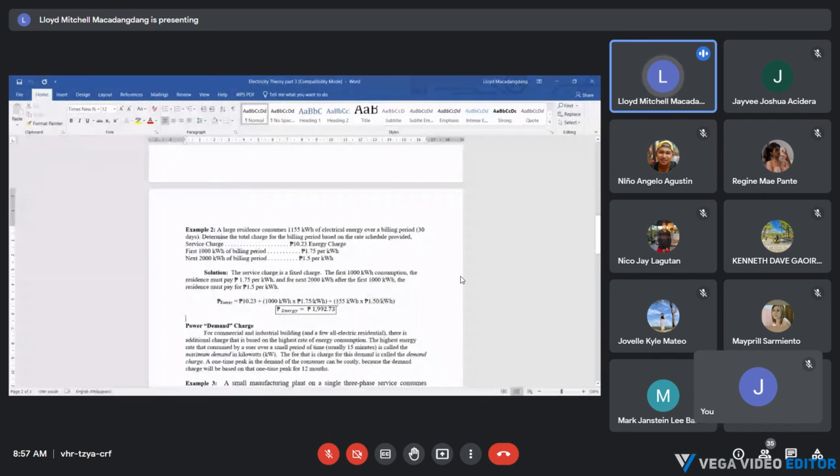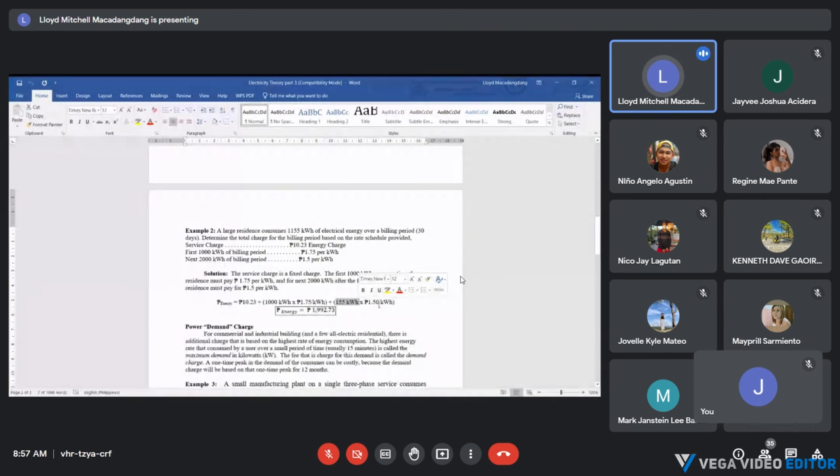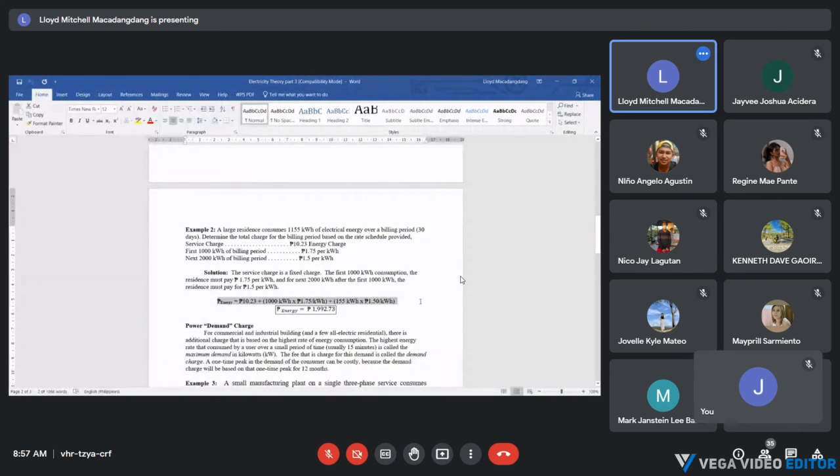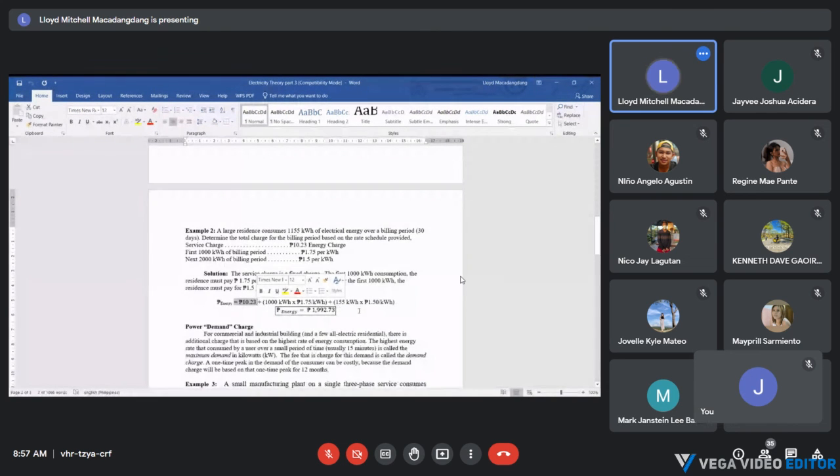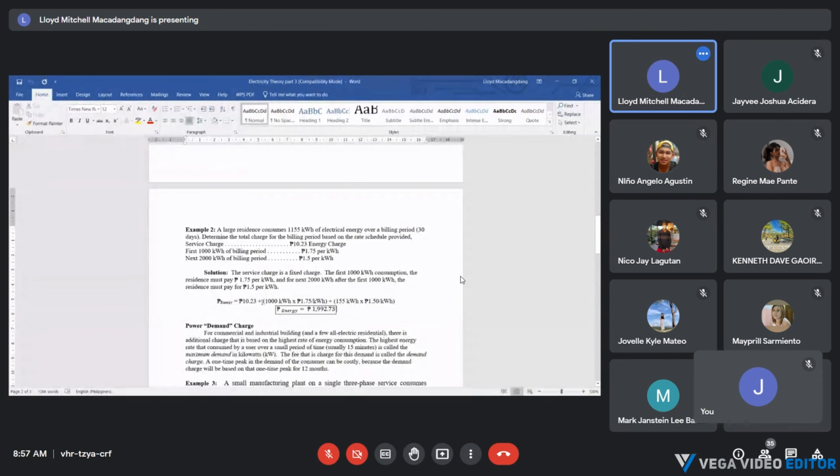So we just add the service charge, plus the first 1,000 kilowatt hour billing, plus the remaining for the next 2,000 kilowatt hour block. That's all we did here.